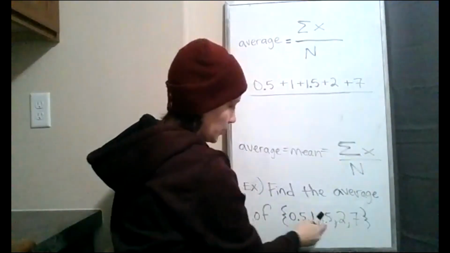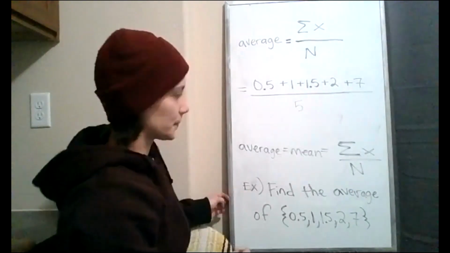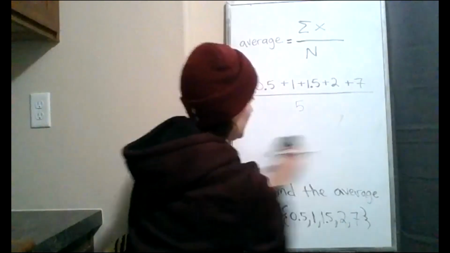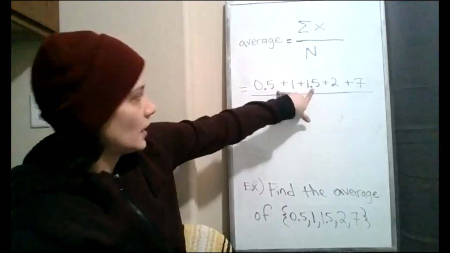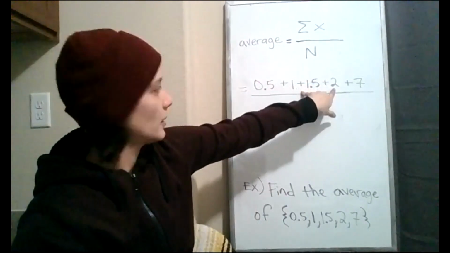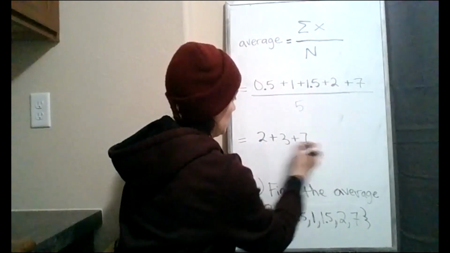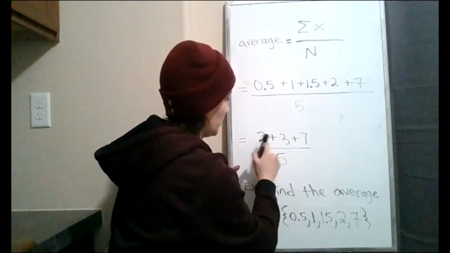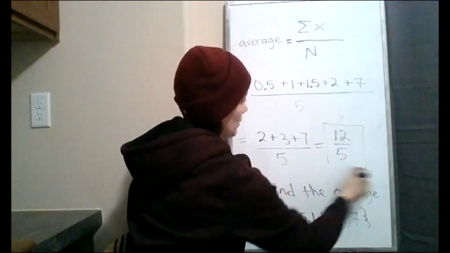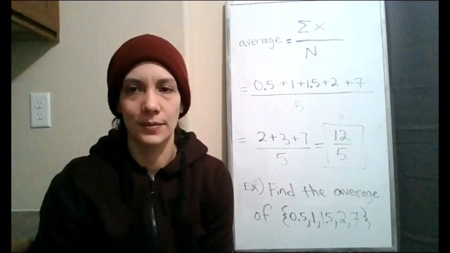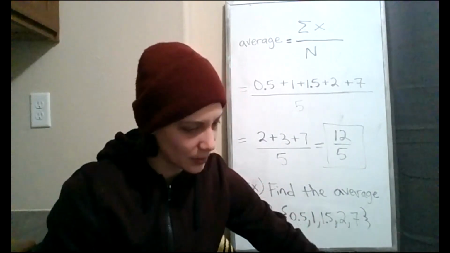And there are 1, 2, 3, 4, 5 elements total. Okay, that is 12 over 5. Did that part, we did that part.